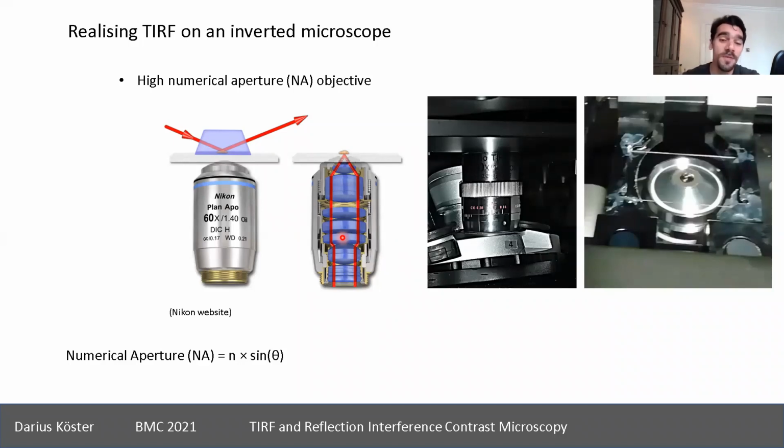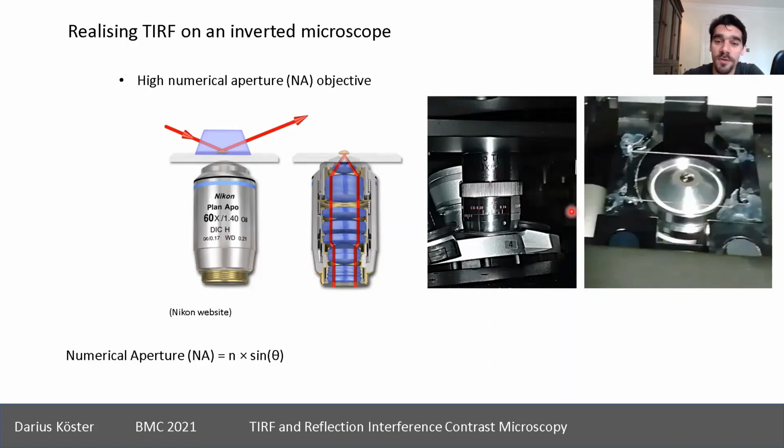Because what happens for TIRF, to generate the high angle, is you come in with the laser at the side of the objective, where the light gets then refracted quite steeply, so that you generate this high angle, and then you detect the rest.